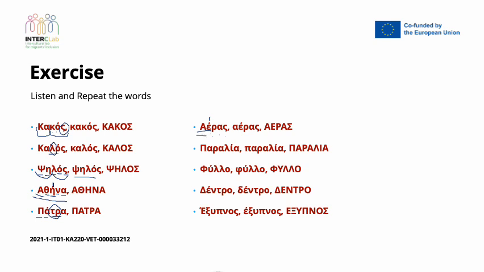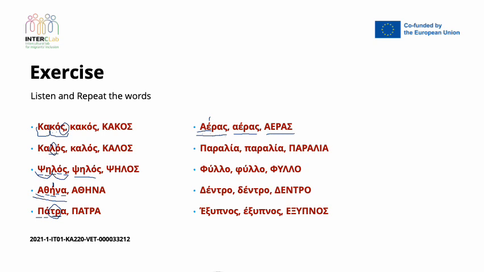So altogether is aeras. It may sound familiar because in English we have a lot of words that begin with aeras. For example, aerodynamics. The first half of that word comes from the Greek word aeras, which means wind. Okay, so in lowercase and in uppercase, aeras.